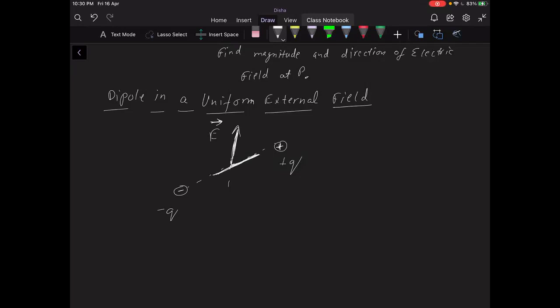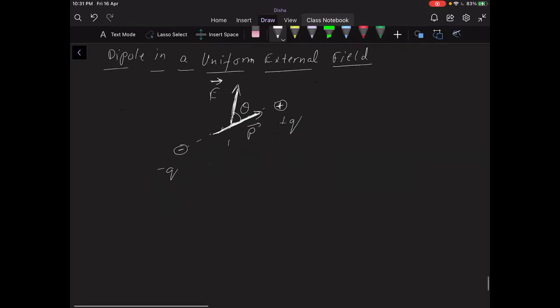The dipole moment vector will be from minus to plus. Is that clear? P vector will be from negative to positive, and this angle would be theta. Are we clear till here? This E is field from outside. This is not the field due to the dipole. So this field exists everywhere actually.